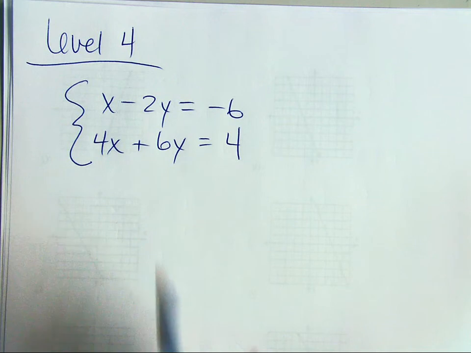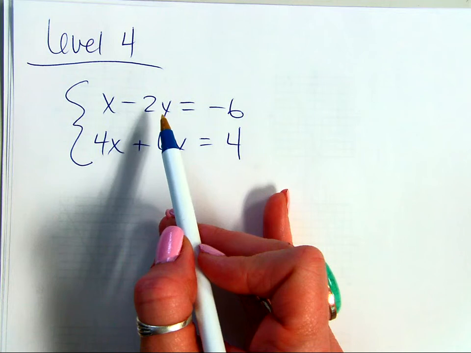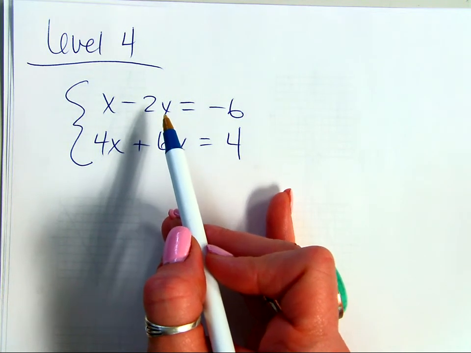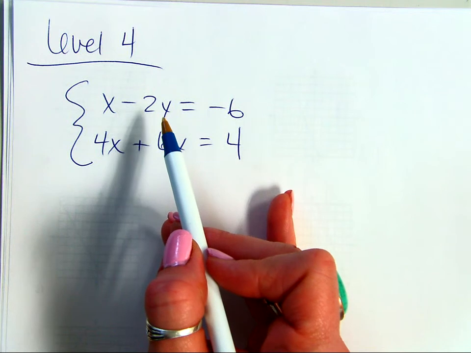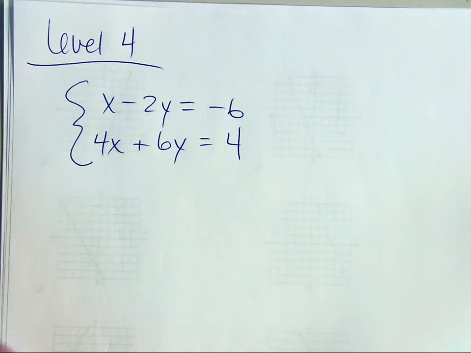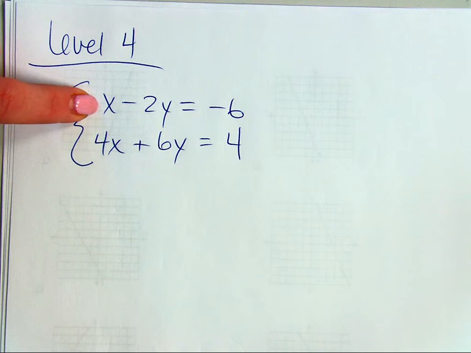But if it has a coefficient, you know you're going to need to do what? Divide. And you know when you divide, sometimes it won't go evenly, right? So your goal is to try to avoid division. And which is the only variable you can avoid division with? The top equation, x, right? Because it doesn't have a coefficient.